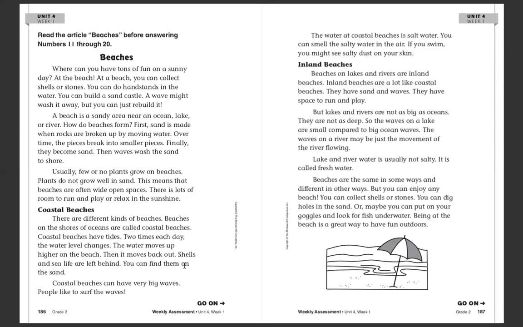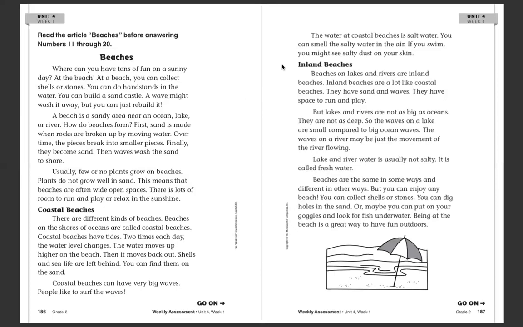You can find them on the sand. Coastal beaches can have very big waves. People like to surf the waves. The water at coastal beaches is salt water. You can smell the salty water in the air. If you swim, you might see salty dust on your skin. So those are the facts, the key details about coastal beaches.